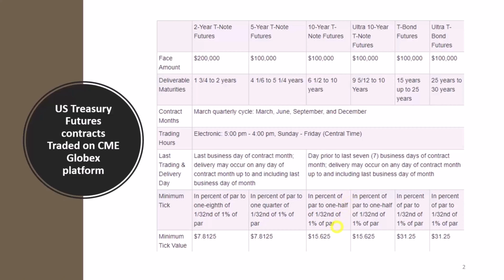In the case of a single 32nd at 1% of par, this equates to $31.25. There is also a minimum tick value on that of 1/2 of that amount, as can be seen here. We can see the $31.25 amount there.